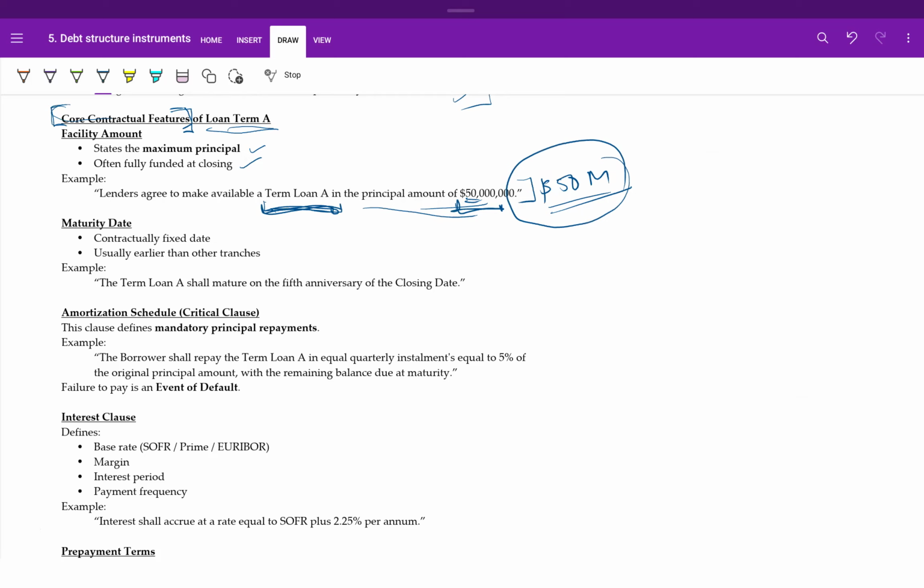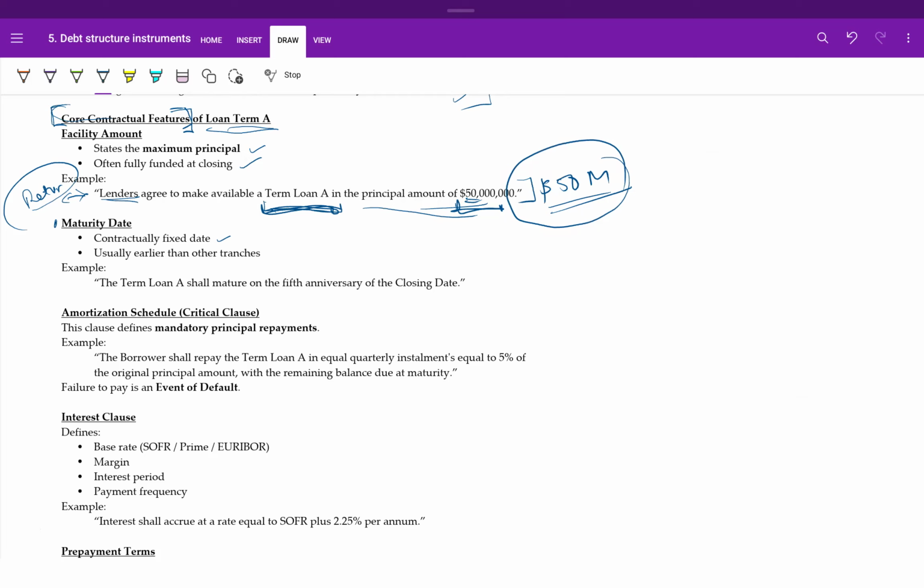So now, based on other factors, the lender would want a return in this situation. Okay, now let's talk about the maturity date. The maturity date is contractually fixed, typically earlier than other tranches.